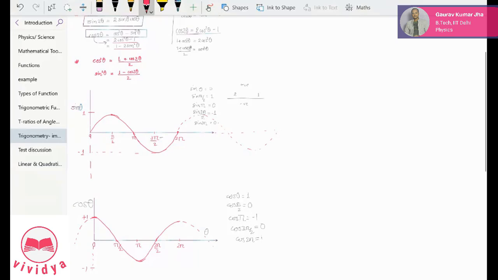Little shifted, you can say, maybe towards the left. How much shifted is it towards the left?